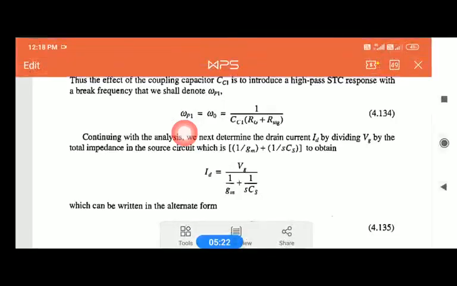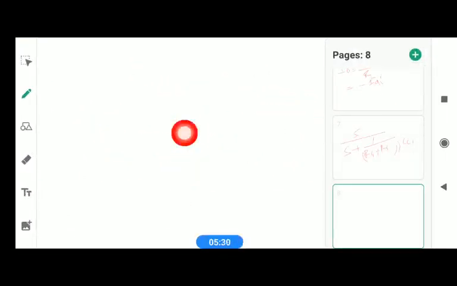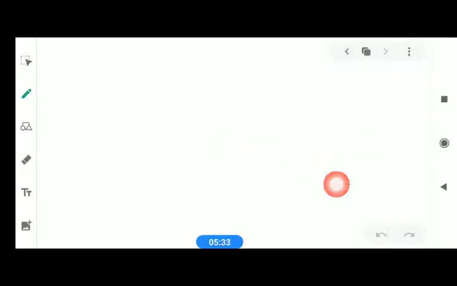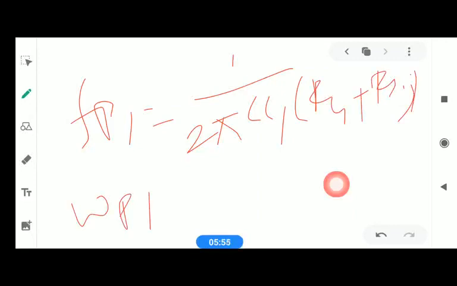From this you will get the frequency fp1. What is fp1? fp1 is equal to 1 divided by 2 pi CC1 into RG plus R signal, because omega p1 is nothing but 2 pi fp1.